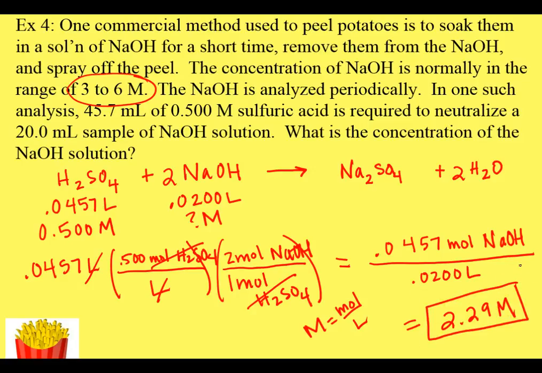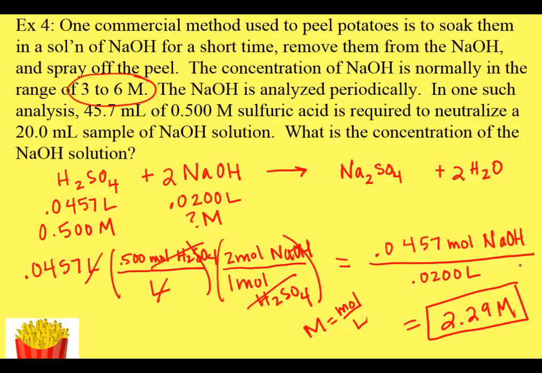So if you worked at a plant where they produced French fries and they had to peel these potatoes, and you were the chemist involved at that plant where you had to tell them if the NaOH was appropriate concentration or not, in this case you would say no, it needs to be replaced because it is not in the range of 3 to 6 molar.